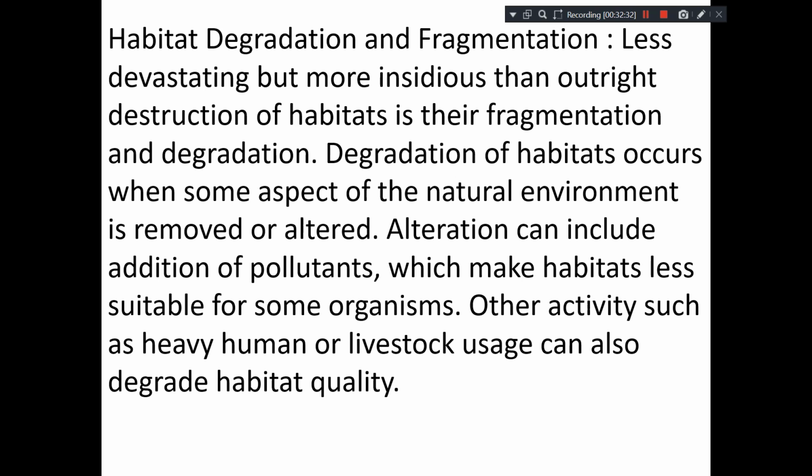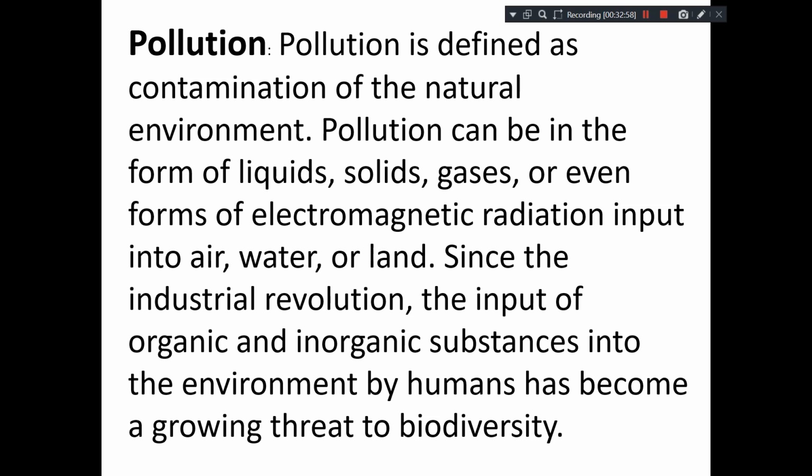Earlier there was no isolation, no fragmentation. There used to be an elephant corridor. Elephants used to migrate from here to entire southern India, and from there they used to come here. But now, because of the loss of forest in between, their corridor is disrupted and they cannot move. So this is causing great danger to the animals.